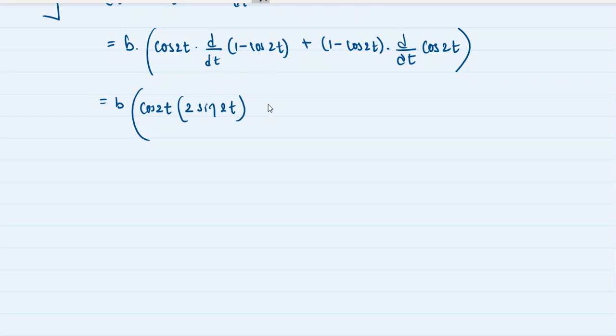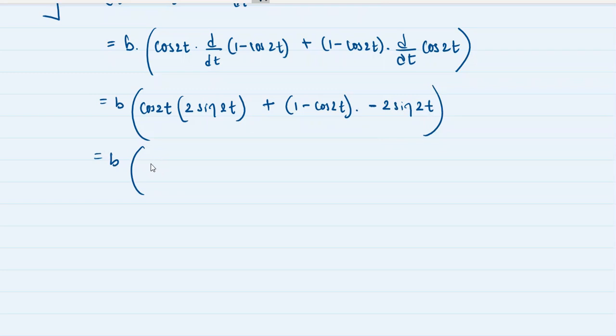Okay, plus here 1 minus cos 2t multiplied by d by dt of cos 2t, which is minus 2 sine 2t. Correct? D by dt of cos 2t is minus sine 2t, and d by dt of 2t, because we are applying chain rule, it is 2. So minus sine 2t into 2 is minus 2 sine 2t.